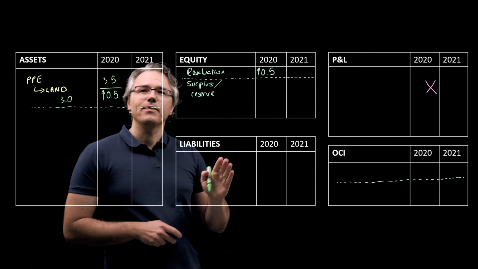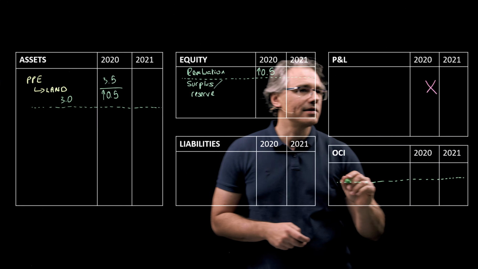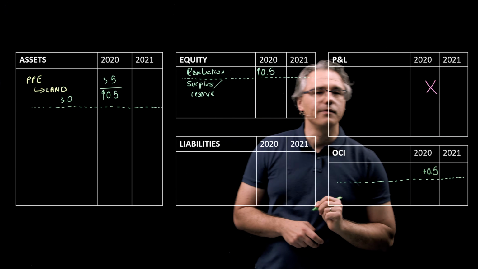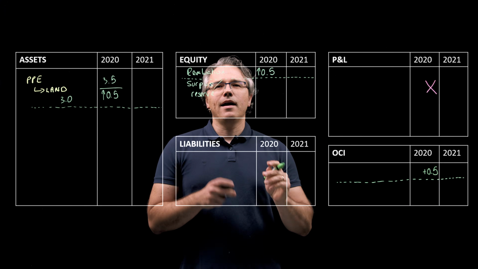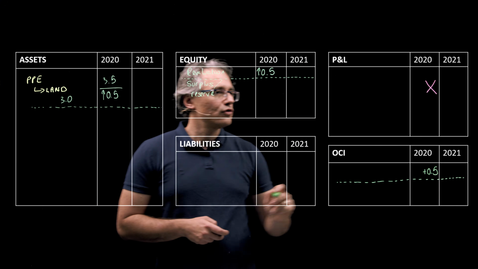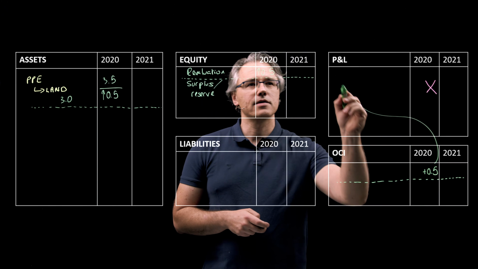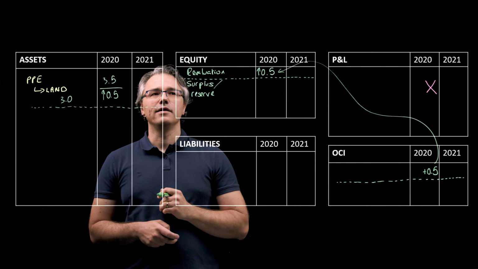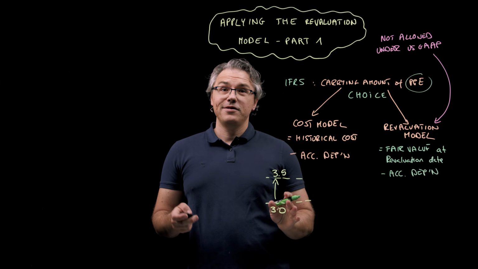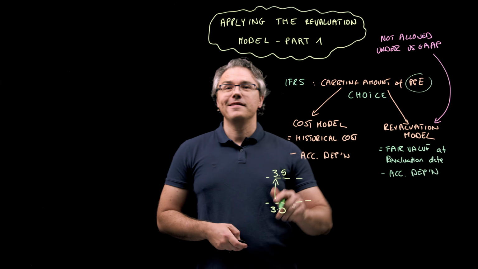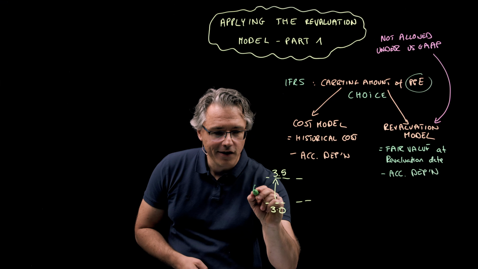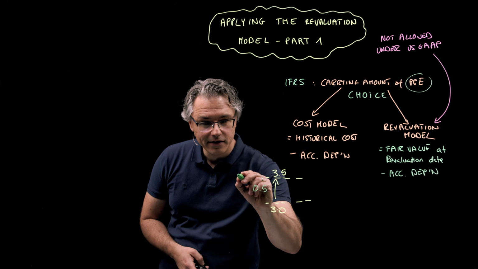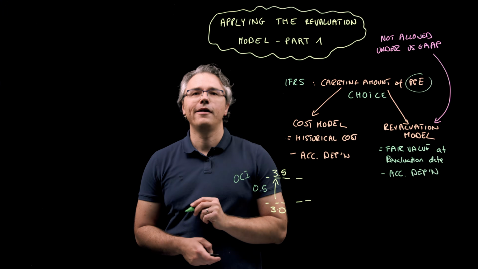So let me make a positive 0.5 million entry over here and show that it corresponds to this increase of the same magnitude within equity. Back to the previous view, let's note that this growth of 500,000 is indeed recorded within OCI.